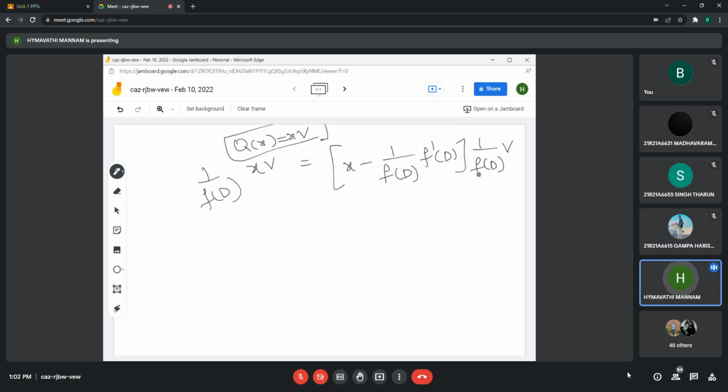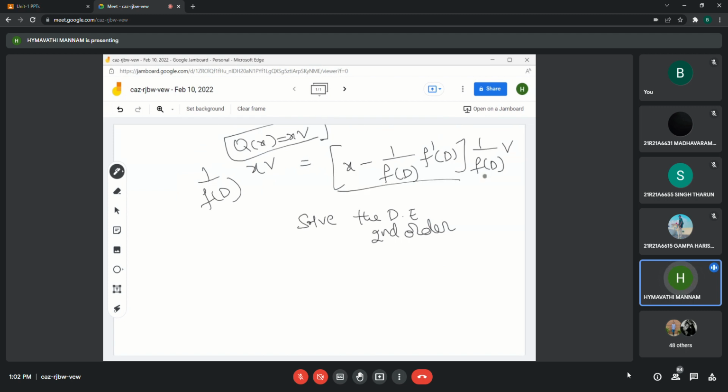And here, how the question will be given: they will mention to solve the differential equation. First see the differential equation. If the given differential equation is second order, either you use the variation of parameters or these rules.